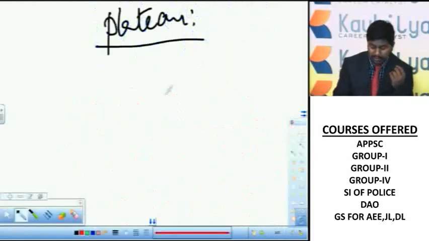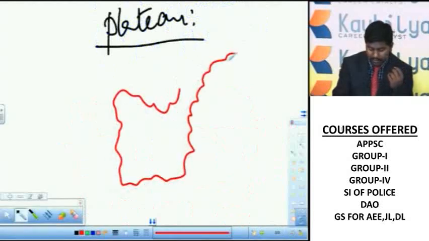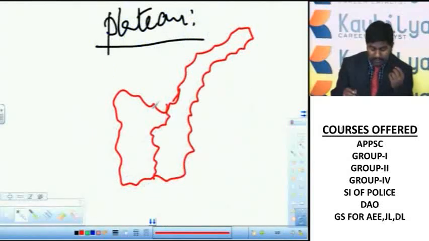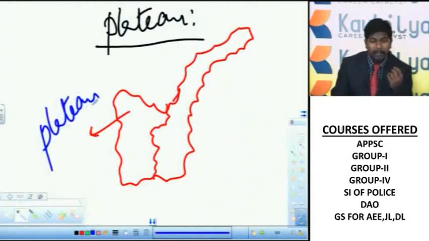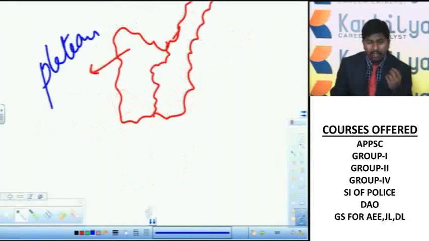In the Andhra Pradesh map, this part where the present Rayalaseema region is located, this part can be considered as the Plateau region in Andhra Pradesh, because here it is part of the Telangana Plateau, which is part of the Deccan Plateau of India.